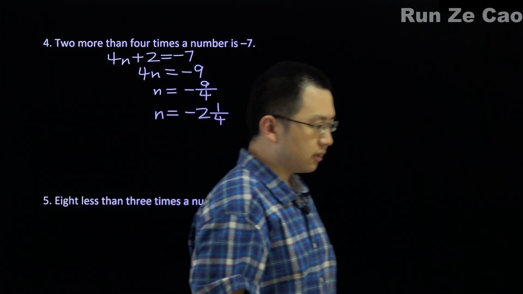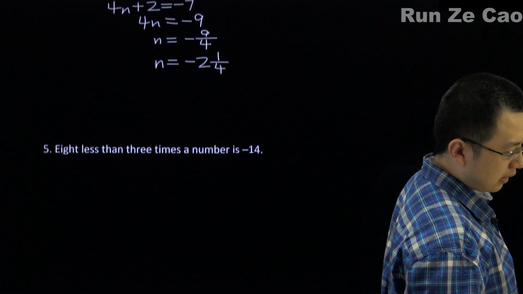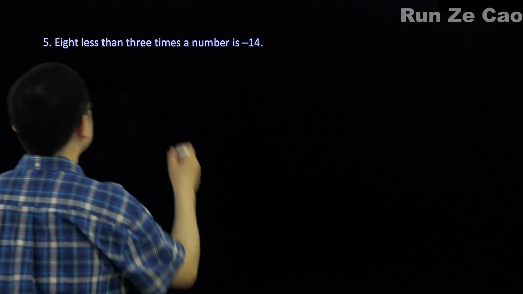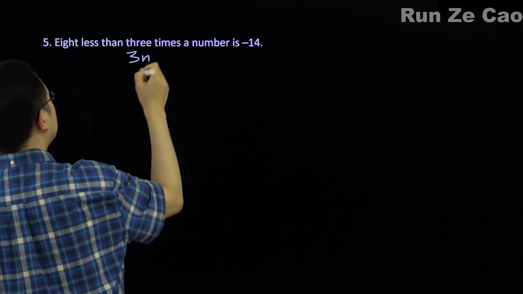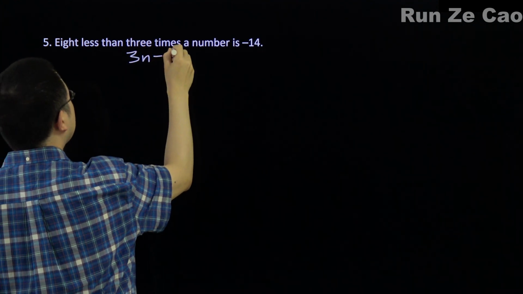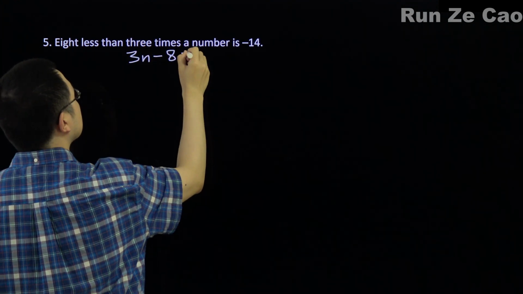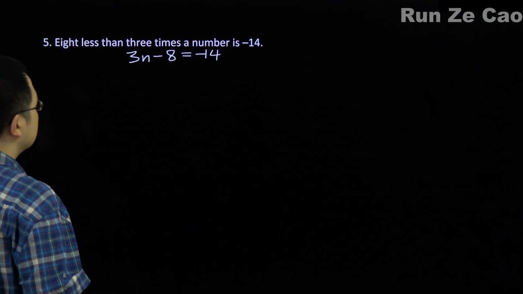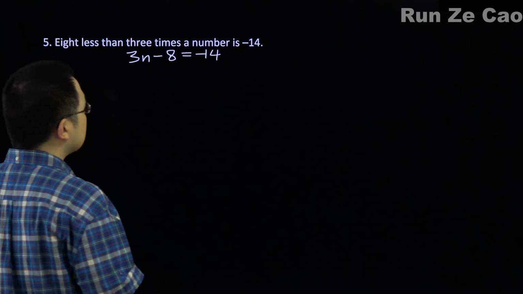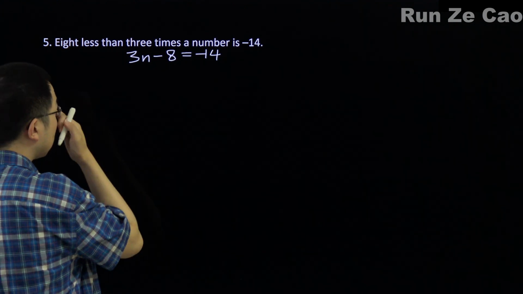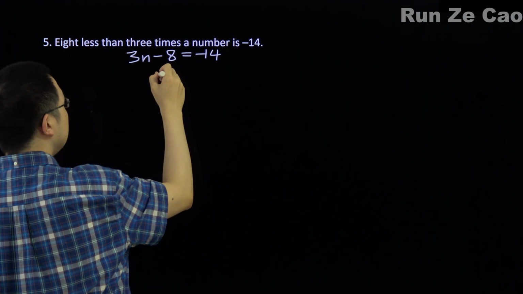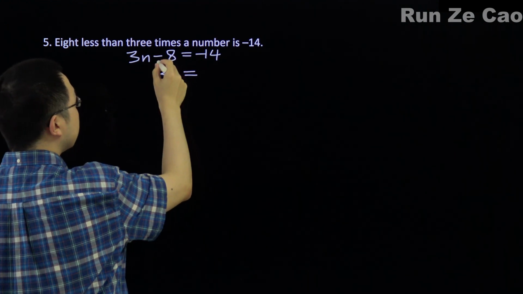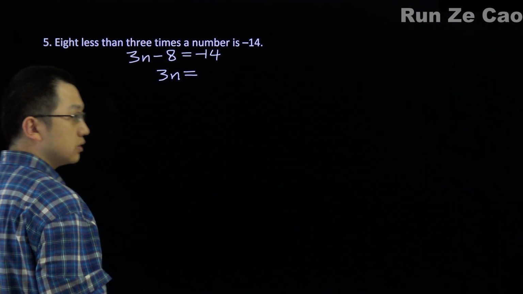8 less than 3 times a number is negative 14. Well, you have 3 times the number, and then it's 8 less than that, so minus 8 equals negative 14. That means we're looking at 3n is equal to negative 14 plus 8.